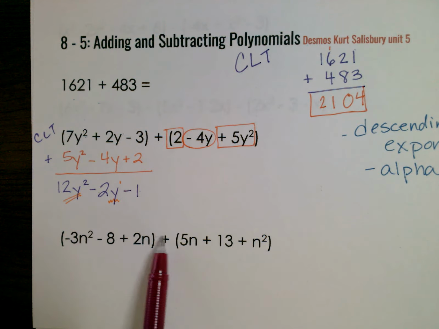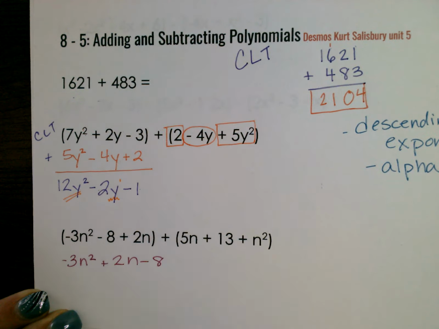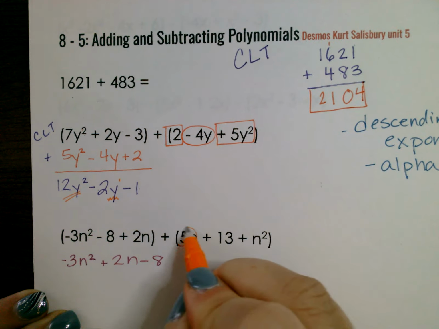On the next one, this trinomial is not written in descending order. The negative 8 and the plus 2n are reversed. So I will write negative 3n squared plus 2n minus 8. Below that, I will take the second trinomial.